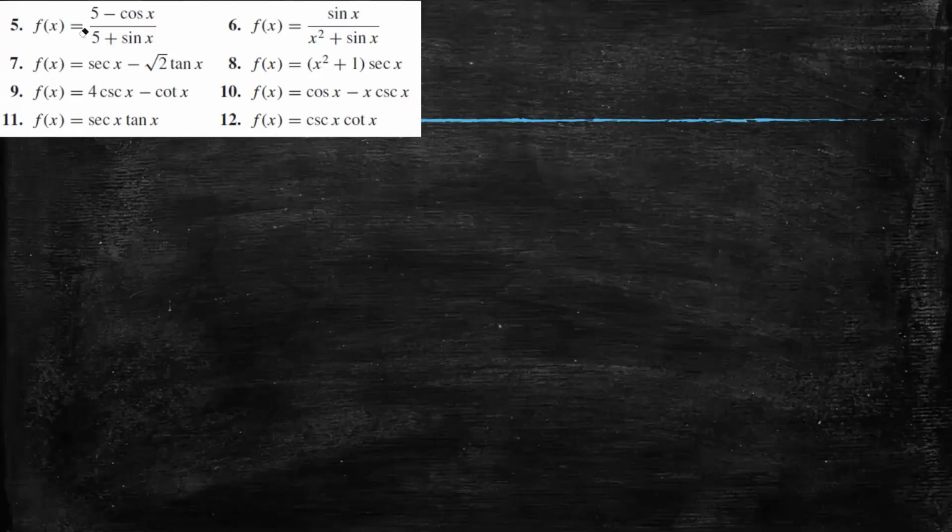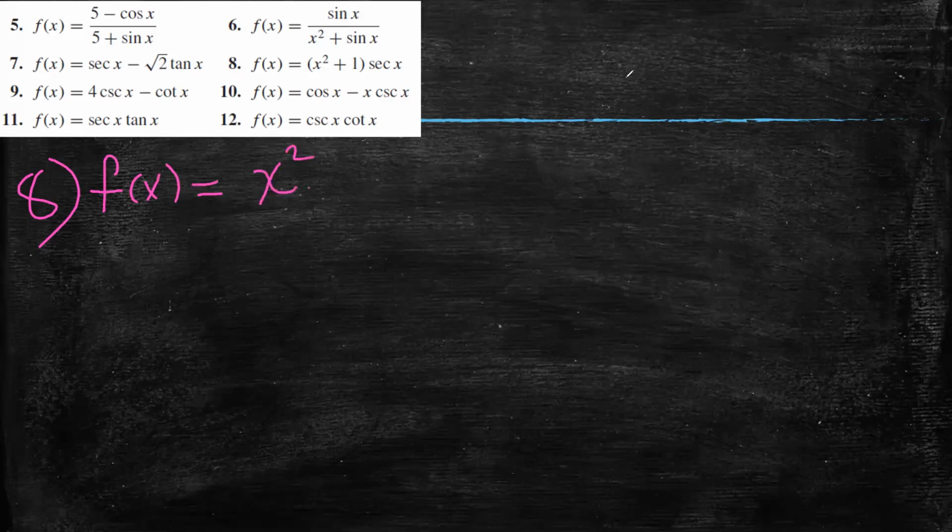Now, let's solve number 8. Number 8 here. F of x is x squared plus 1 times secant x.